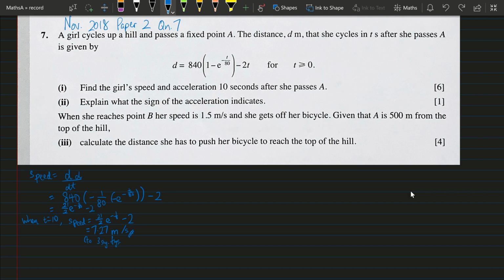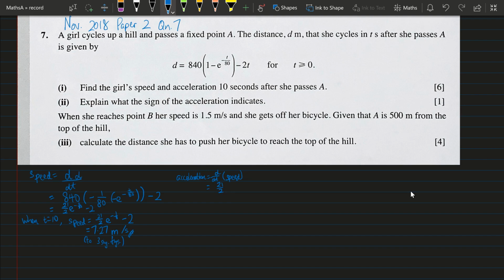All right. Now the acceleration. I didn't give a symbol for speed, so let's just be consistent here. Differentiate speed with respect to time. If you know how to differentiate just now, differentiating this shouldn't be a problem either. The 21 over 2 is still there.